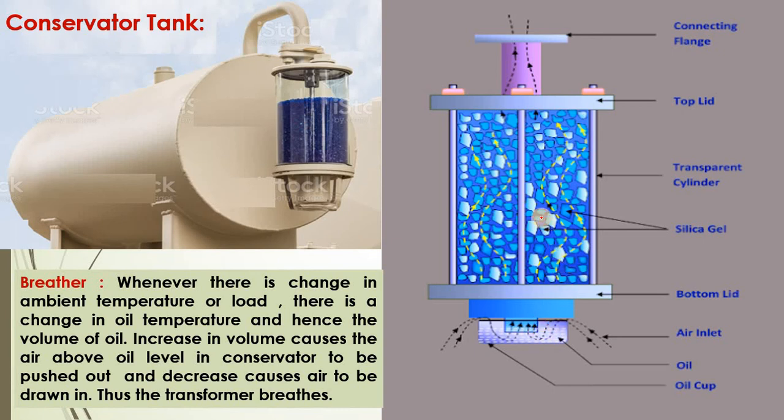This oil cup is required so that if there is oil in the transformer breather or winding that is coming through this connecting lid, it will come out through this silica gel. But when the air is drawn back in, the breather will collect the moisture from that air, okay, and it will pass clean air inside the conservator tank.